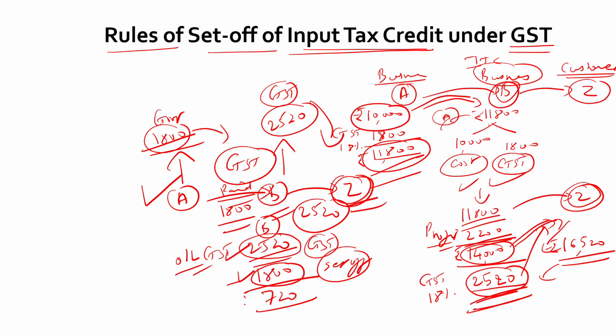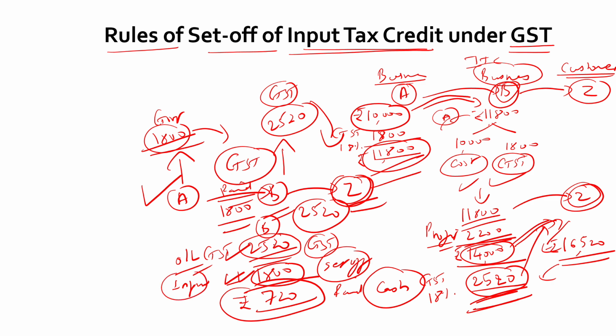So 720 is the liability which needs to be paid through cash. Basically, Mr. B has paid 1,800 through input and 2,520 is collected, so only 720 needs to be paid through cash. This is called input tax credit set off.